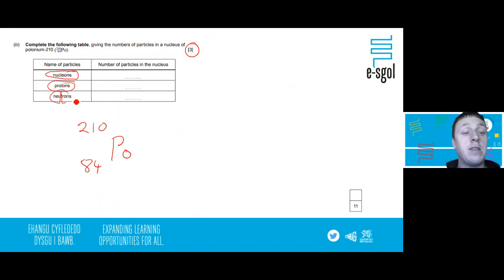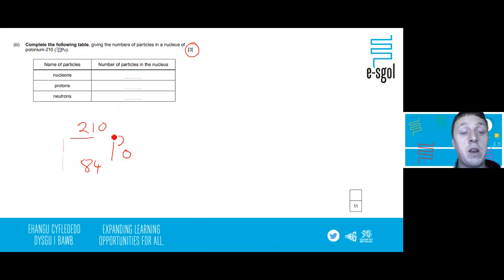The third part of the question is to complete the table for polonium-210. So if we write down the symbol 210, polonium, and 84 on the bottom, it's not a question that you can just make up. It's a question where you have to remember how to obtain these values of nucleons, protons, and neutrons from the way they write it here with the element and corresponding numbers.